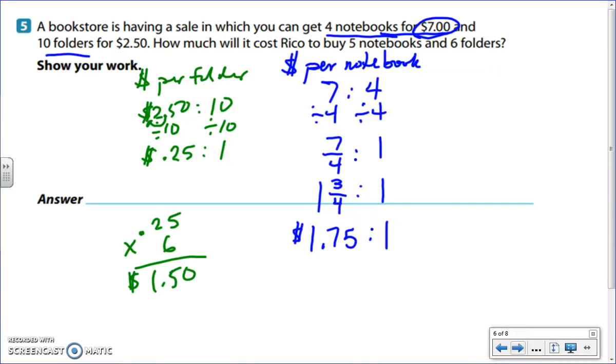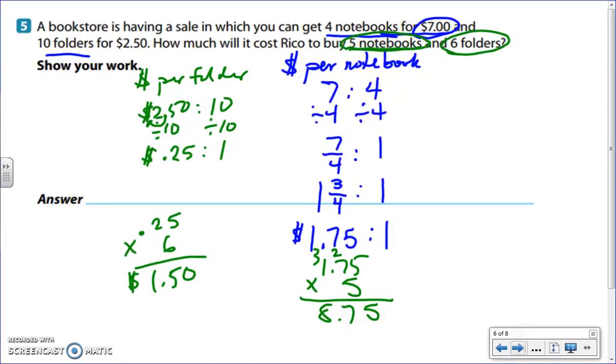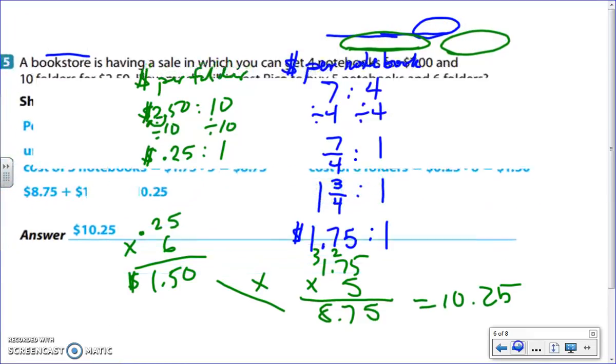And I can take $1.75 times 5, so we need 5 of them, $8.75. So the total of 5 notebooks is $8.75. 6 folders is $1.50. Together, when I add those up, I have $10.25. And that's how much it should cost altogether.